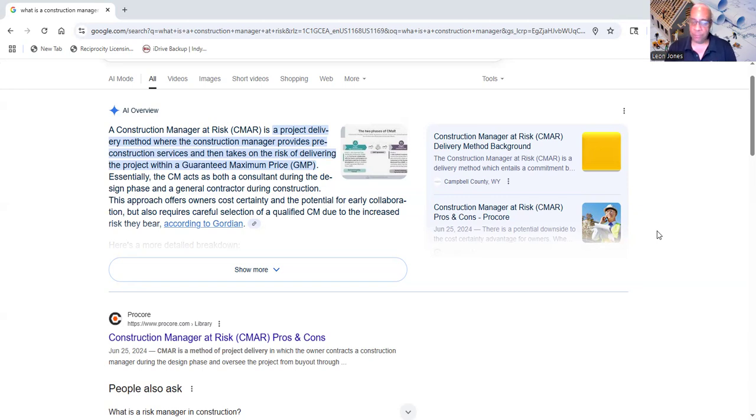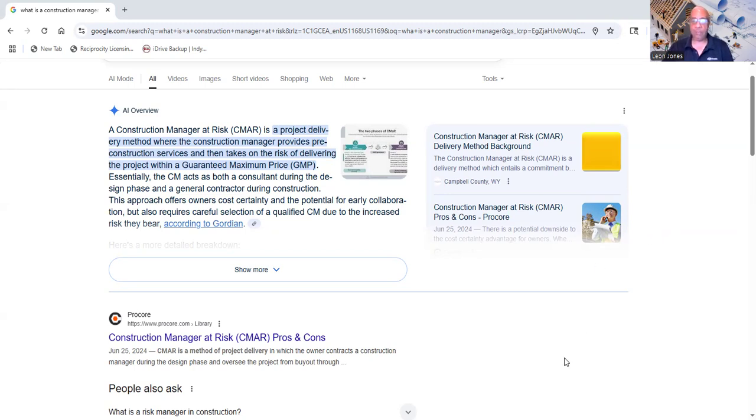Essentially, the CM acts as both the consultant during the design phase and the general contractor during the construction phase. This approach offers owners cost certainty and the potential for early collaboration, but also requires careful selection of a qualified construction manager due to the increased risk that is going to be borne.